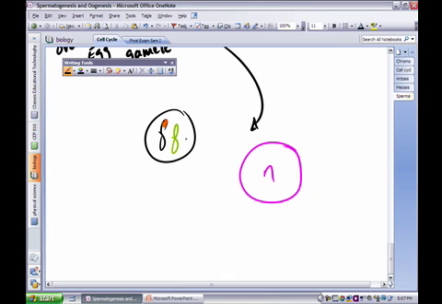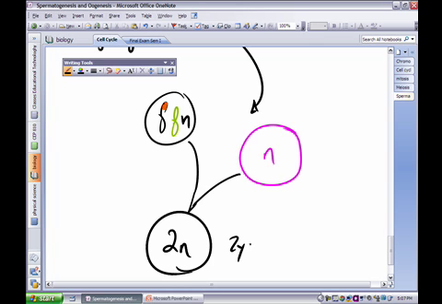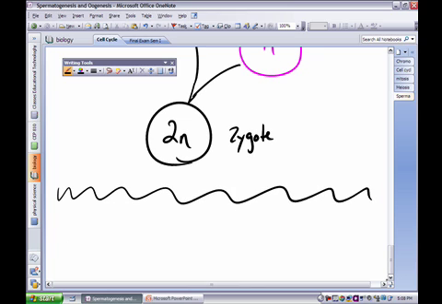Once the fertilization has taken place, we will end up with a diploid cell. And we call this a zygote.